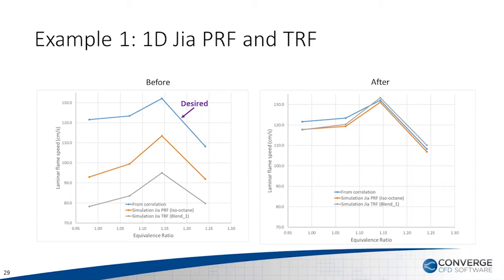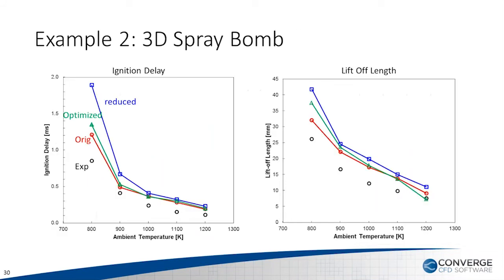So we run the sensitivity and optimization on PRF and TRF on these conditions. And after optimization, when we rerun the flame speed, you can see they are getting reasonably close to the desired value.